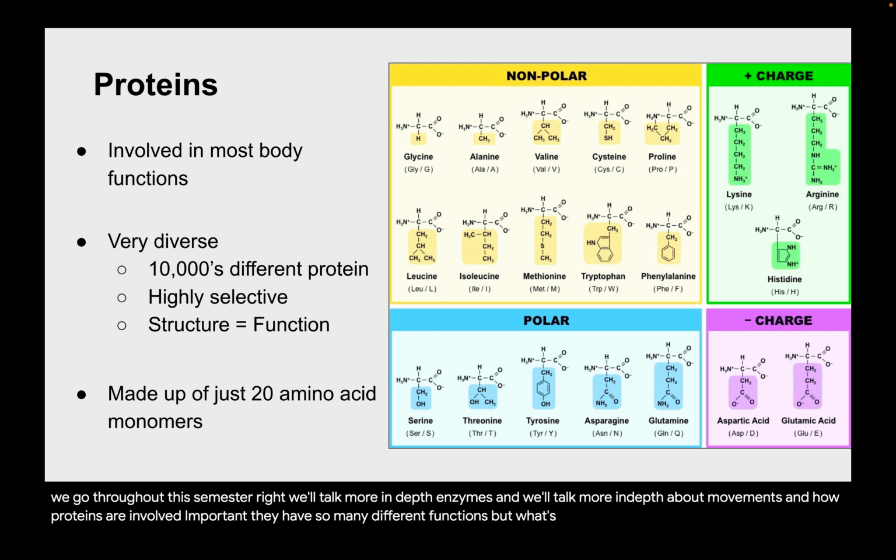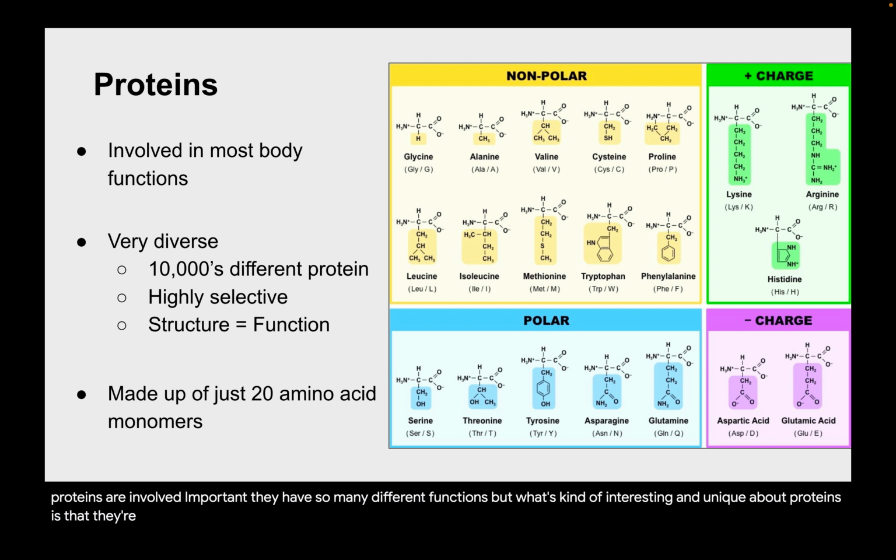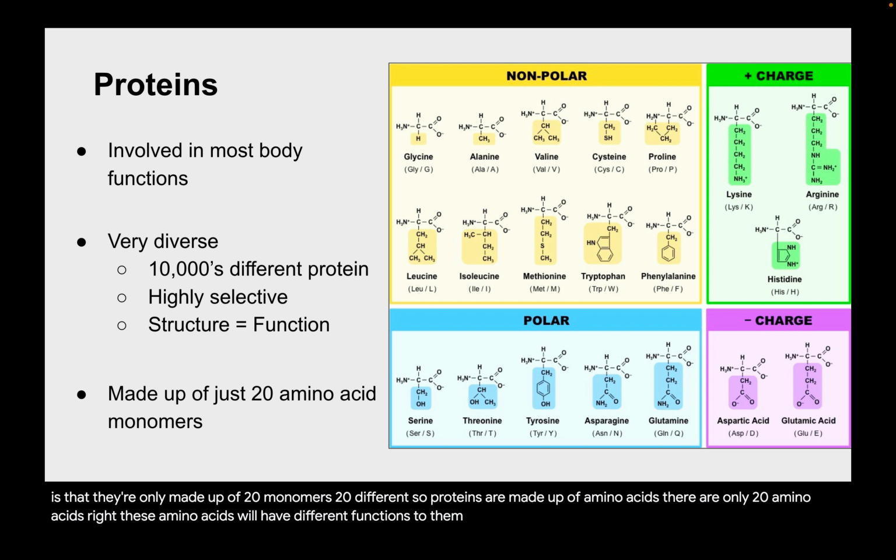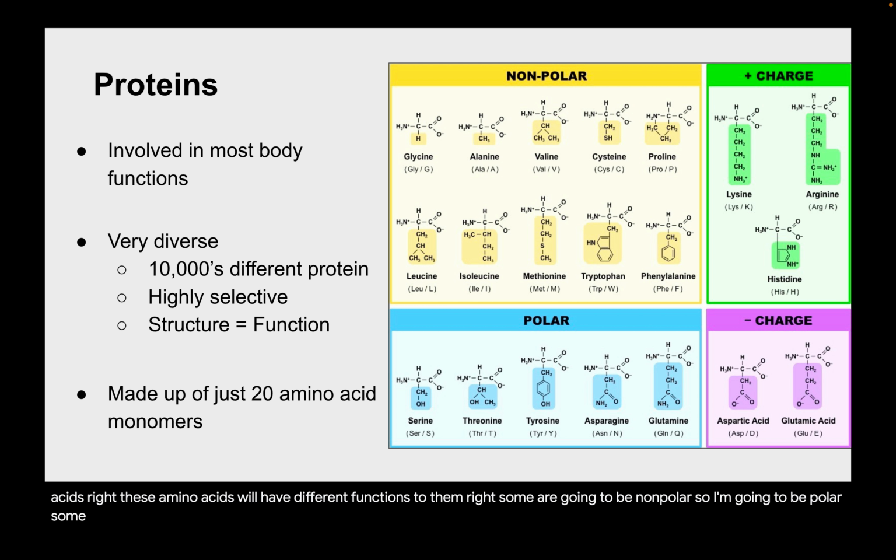But what's interesting and unique about proteins is that they're only made up of 20 different monomers. Proteins are made up of amino acids. There are only 20 amino acids. These amino acids have different properties: some are nonpolar, some are polar, some have a negative charge, some have a positive charge.